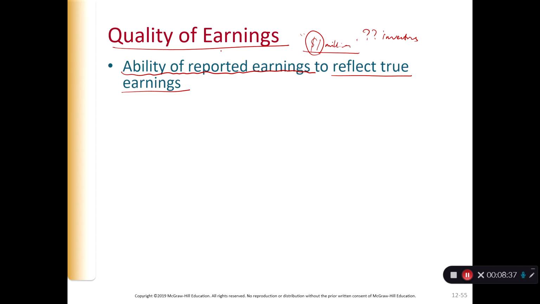Or you can understand whether the reported $1 million is useful or not to predict future earnings of the company.